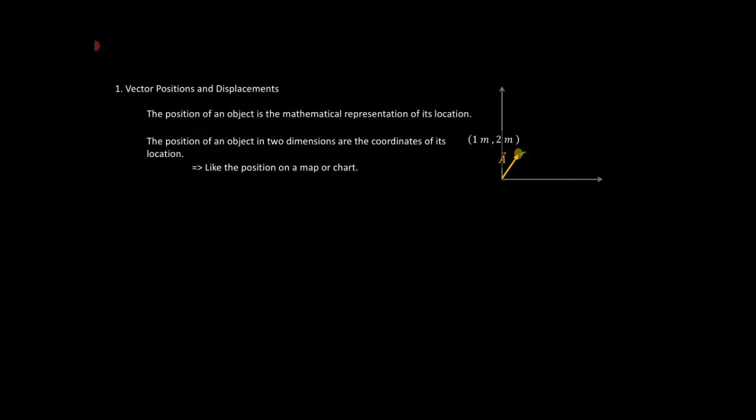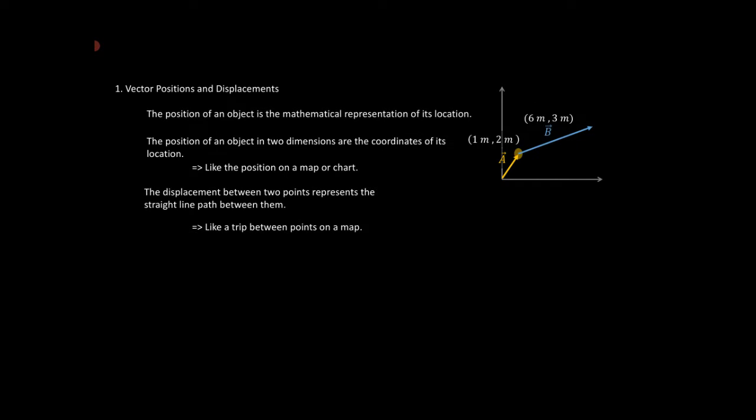So we had our C over here, so B would be from here to here. That's 6 meters, 3 meters. And finally, we'd want to find C here. Finding C is like taking a trip from the origin to this point C. It's going to be this vector here.